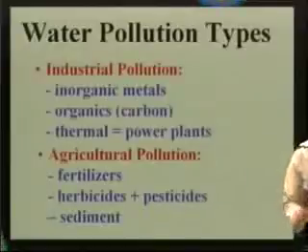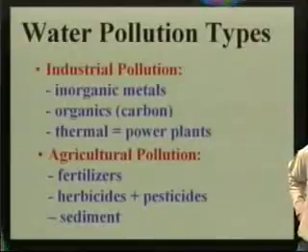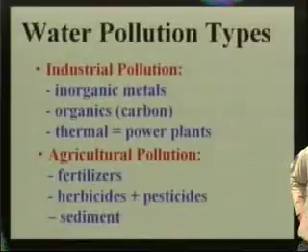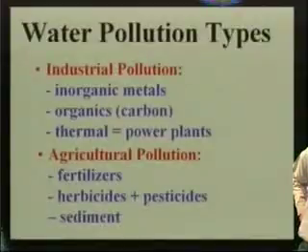So under industrial pollution, there's a group of inorganic metals. These are pretty nasty materials. There's a whole new group of lots of different kinds of organic materials. Our carbon type synthetic materials that are used and produced in industrial situations, so organics.